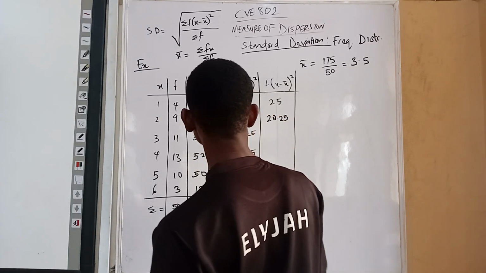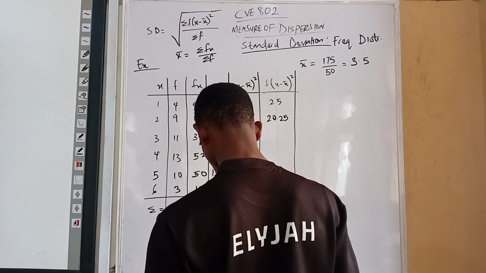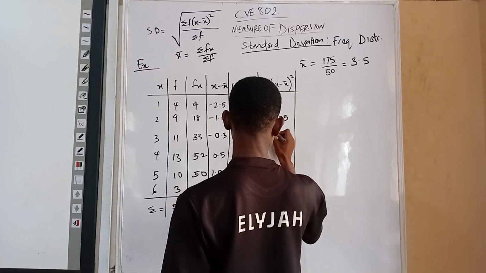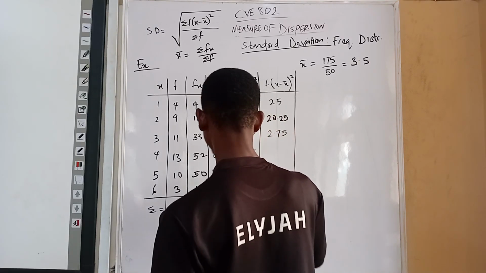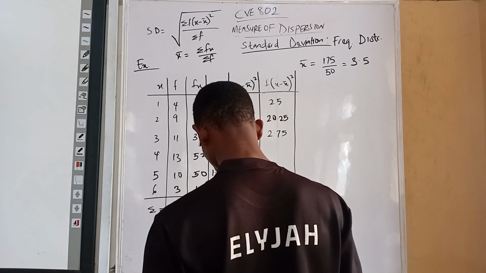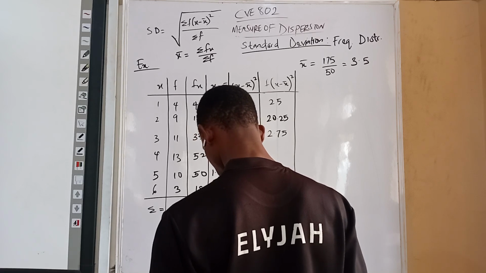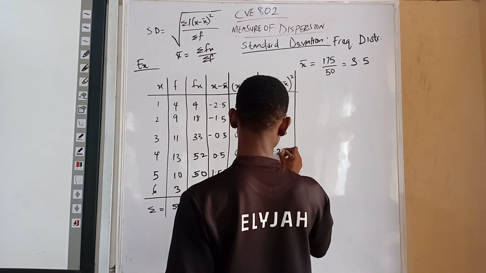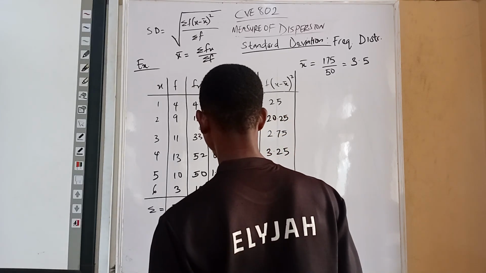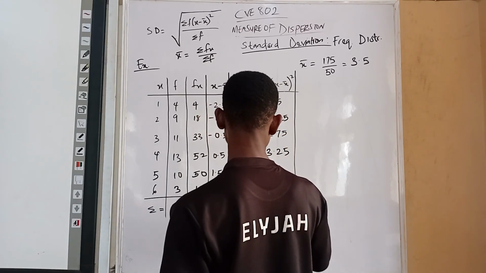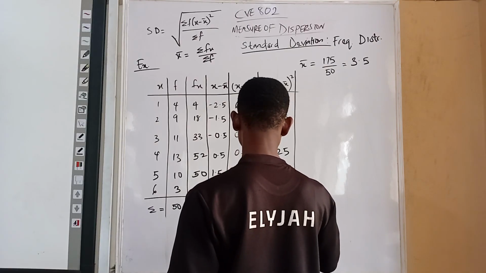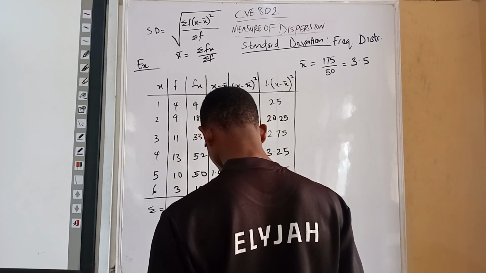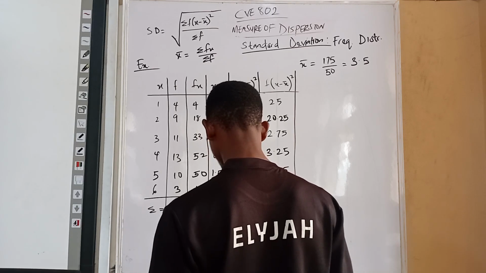Then 11 times 0.25, that's 2.75. Then 13 times 0.25, that's 3.25. Then 2.25 times 10, that's 22.5. Then 6.25 times 3, that's 18.75.